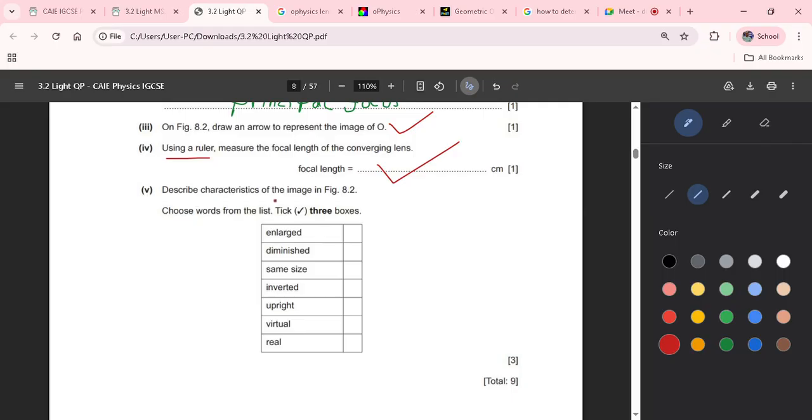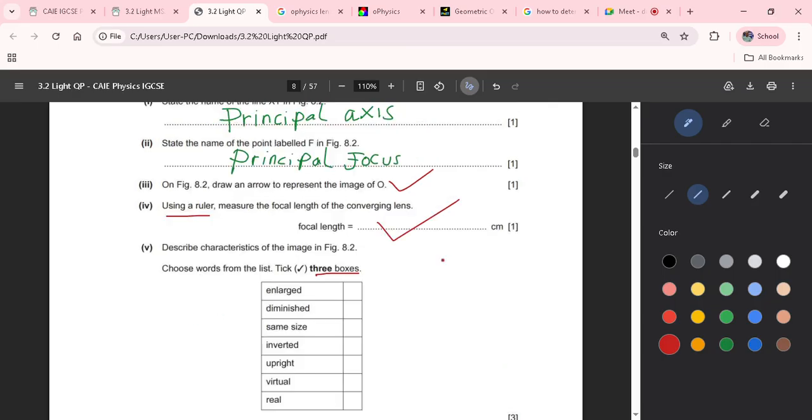Describe the characteristics of the image in figure 8.2. Tick 3 boxes. Do you still remember the characteristics of the image? Diminished means smaller. Enlarged is a better word than bigger. Can you mention again the three characteristics of this image? This is the image.